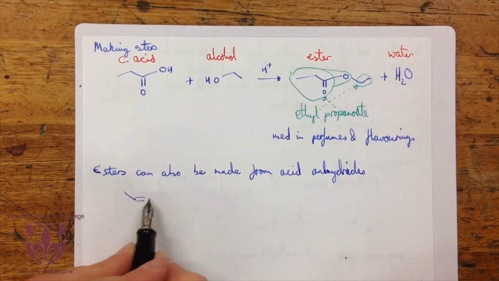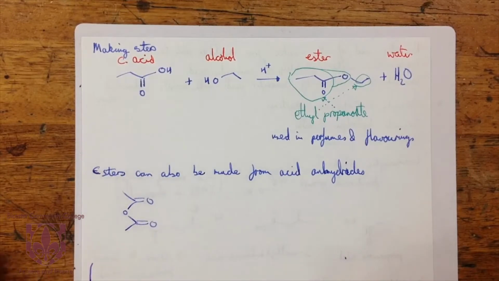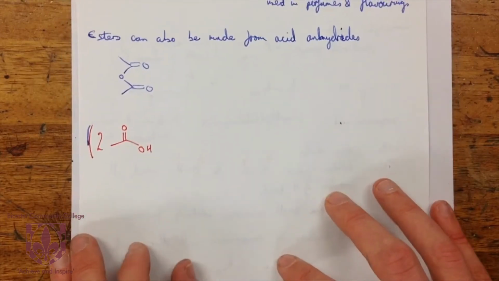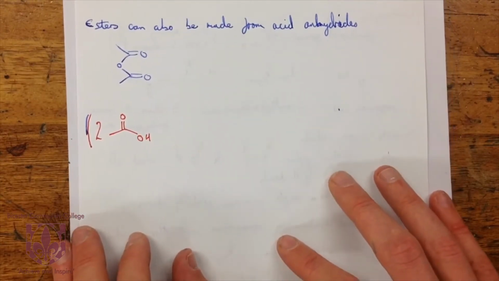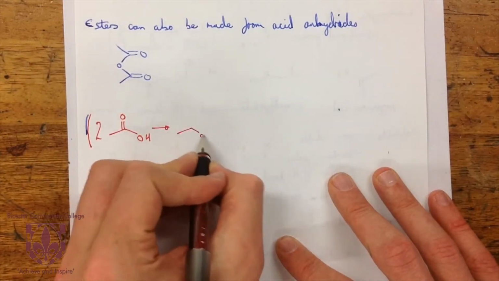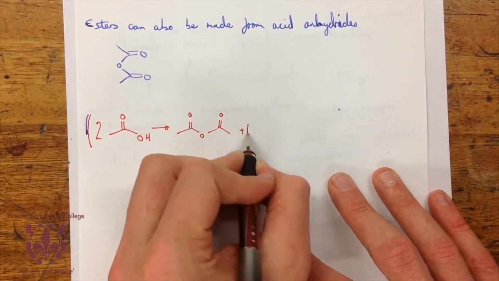Okay, so this is an acid anhydride, and this is made, just let me change colour for that, this is made by taking 2 ethanoic acid molecules, so acid anhydrides there, let's straighten that up, so 2 ethanoic acid molecules, and it goes together to form that and water.